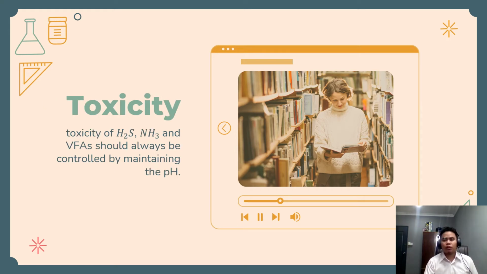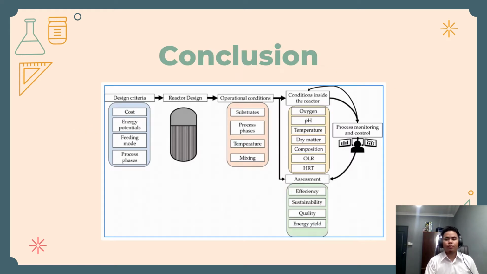Lastly, methanogens are commonly considered the most sensitive to toxicity of all the microorganisms in anaerobic digestion. The toxicity of H2S, NH3, and VFAs always depends on pH.